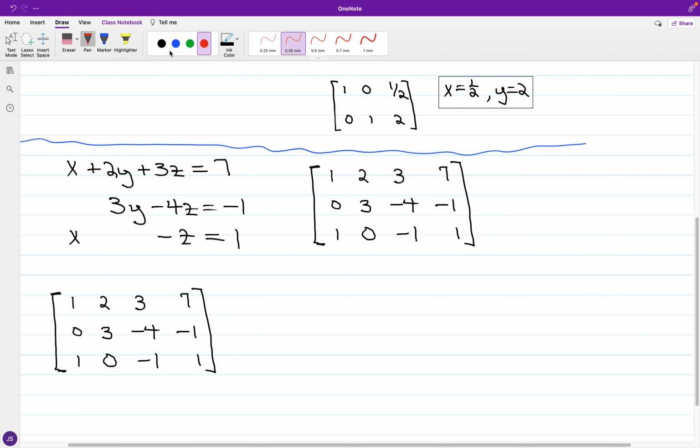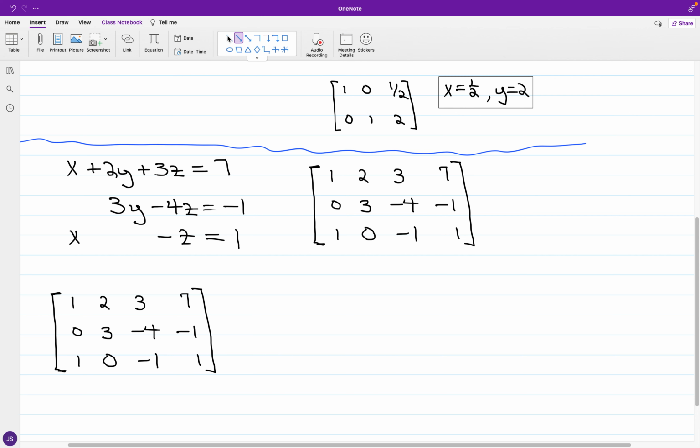In fact, there could be some situations where you can bypass the Gaussian elimination and go directly to the Gauss-Jordan. But I'll show you both the Gaussian and the Gauss-Jordan approach. In other words, both the row echelon and the reduced row echelon.